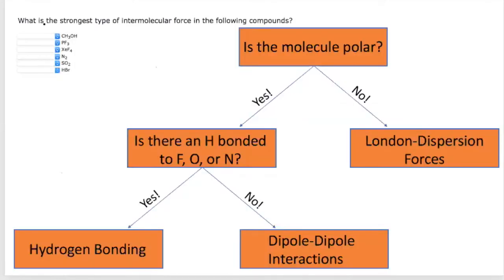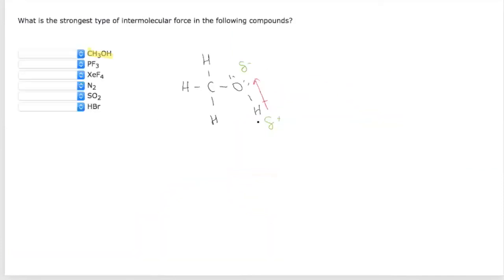If we look back at our flowchart, it is a polar molecule and there's also an oxygen bound to this hydrogen. So it's polar, there is an OH bond, and I'm going to classify this one as hydrogen bonding as its strongest intermolecular force.